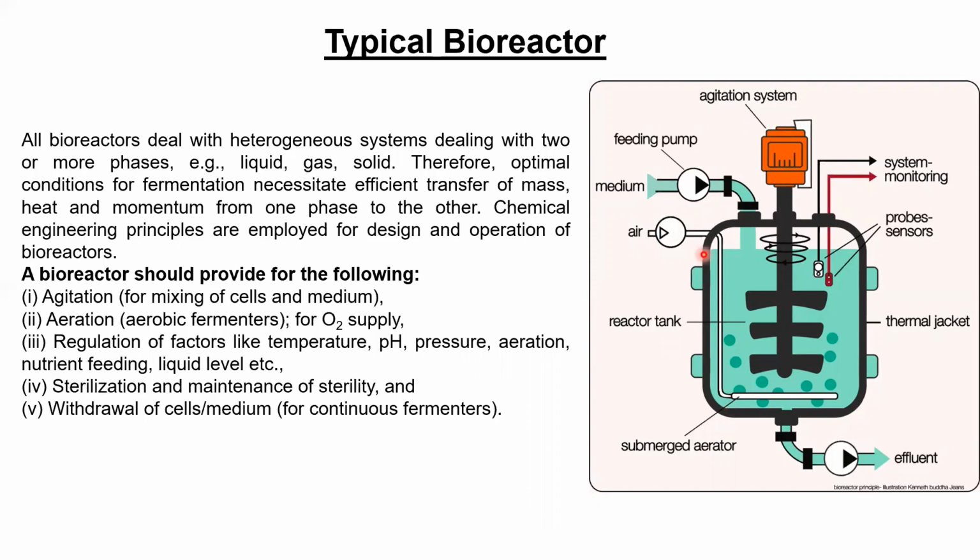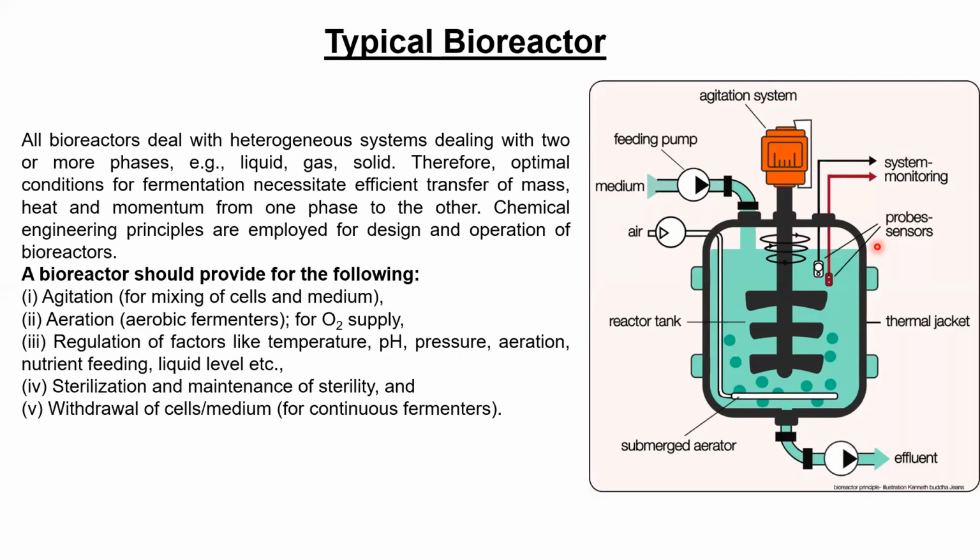And then the medium, sometimes it's a continuous batch, a chemostat, in which we will be continuously providing medium and at the same time continuously removing medium. So these inlet and outlet, and the mixing through these rotors, the agitation system. Then there are a couple of monitoring systems, because we want to have an eye on the acidity of the medium, on how much carbon dioxide is released, and on the temperature.